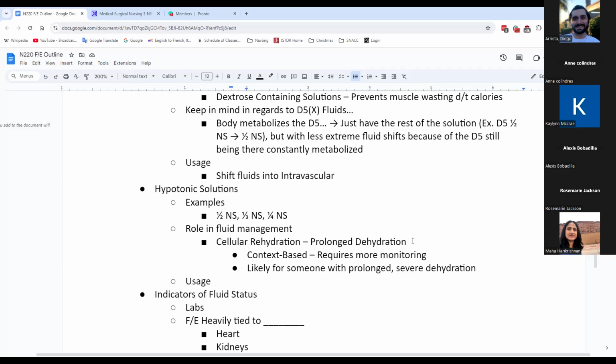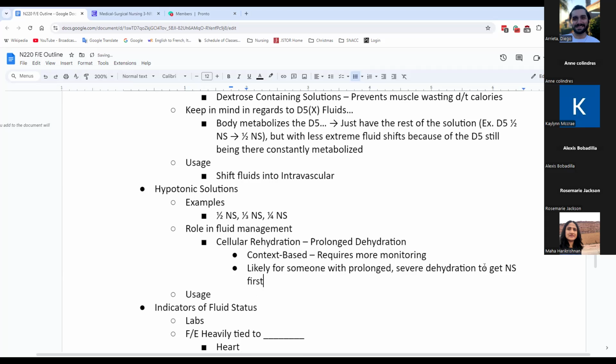Even someone getting dialysis can have dialysis disequilibrium syndrome, where the massive shifts in fluid and electrolytes cause really bad side effects. So someone getting dialysis can have things happen because their dialysis went too fast, for example. So kind of think about it: isotonic first, then hypotonics.